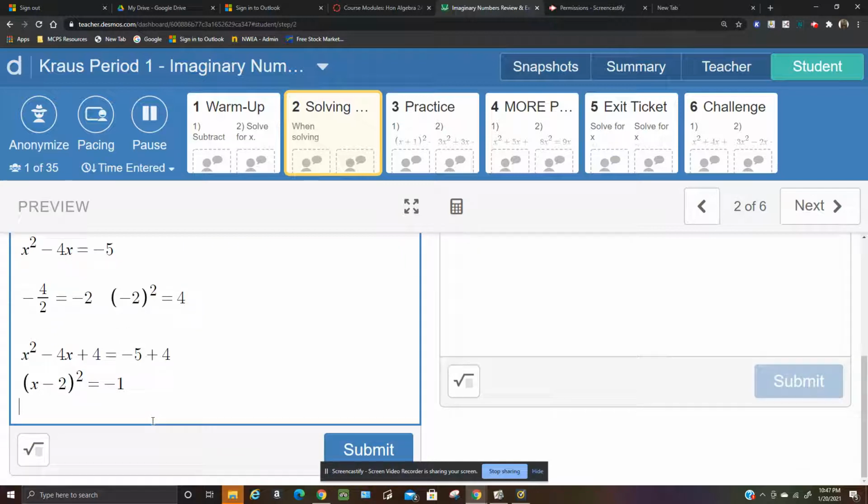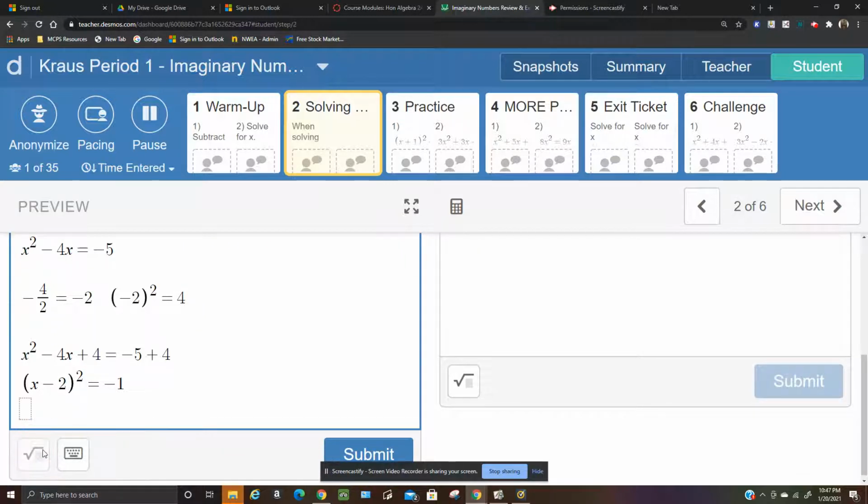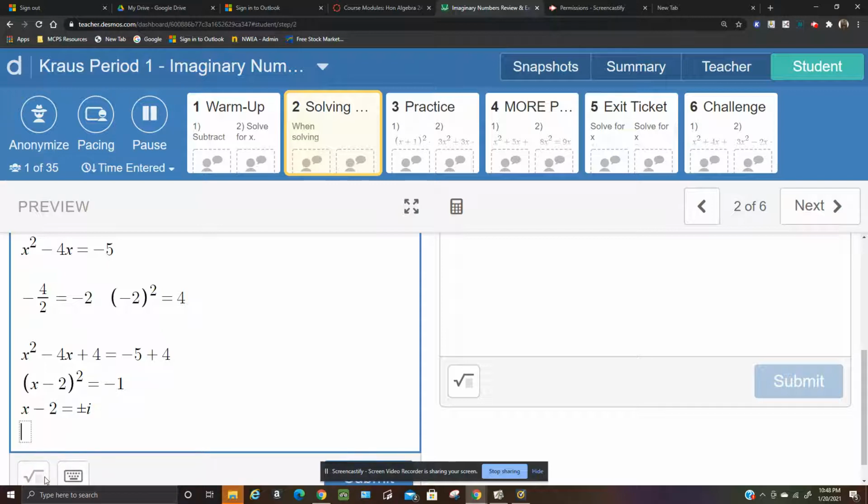And take the square root of both sides. The square root of negative 1 is i. Plus or minus i. Last thing to do is add 2 to both sides. So x is 2 plus or minus i.